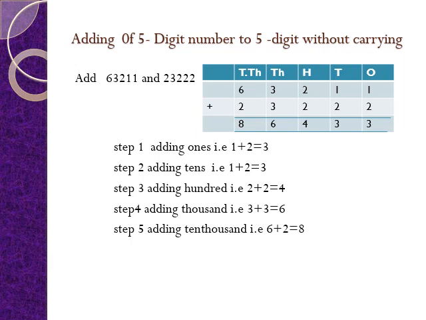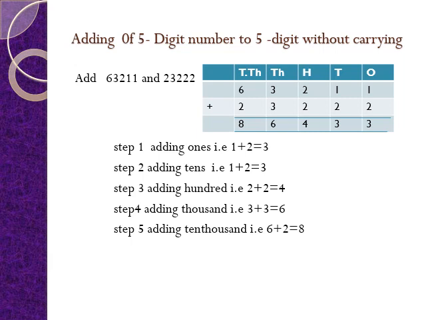Now, adding a 5-digit number to a 5-digit number without carrying. So here we have to add 63,211 with 23,222. At first, I have told you, we have to arrange it in the place value chart. So I have arranged. Now we will come to the ones place.